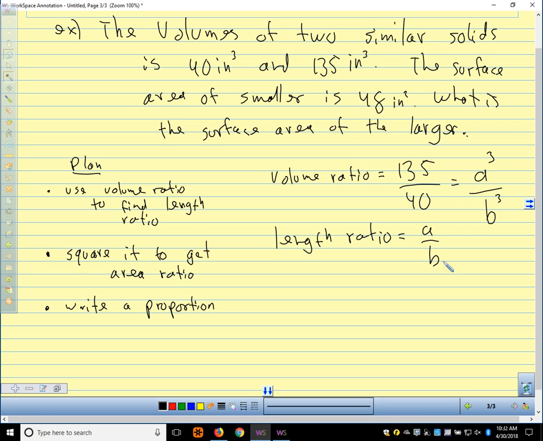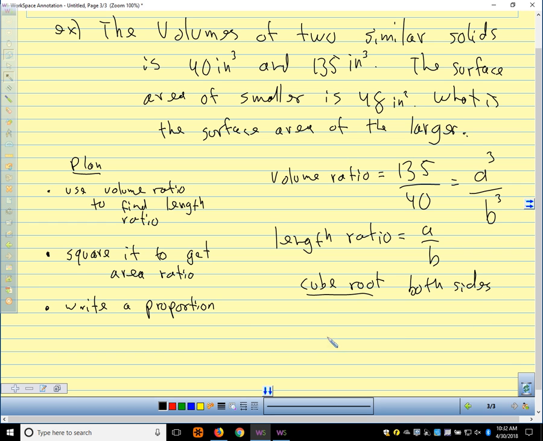How do I undo those cubes? We do it just like we did on our opener. We have to take the cube root. So we're going to cube root both sides.